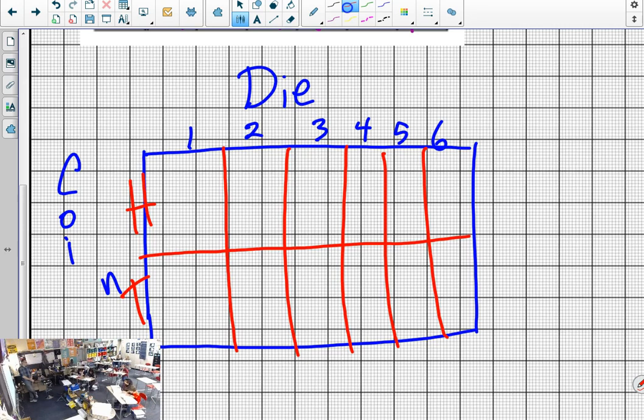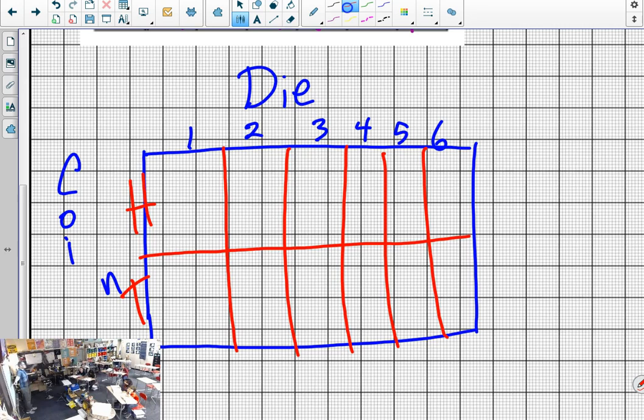So here is a general rule that we can create. We don't need to formalize it to write it down right now, but give me your attention. When we have multiple things happening, take how many outcomes from the one event and multiply it by how many outcomes of the other, and it's going to give you all possible outcomes.